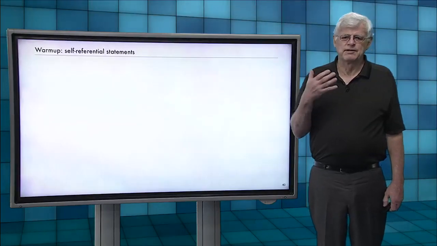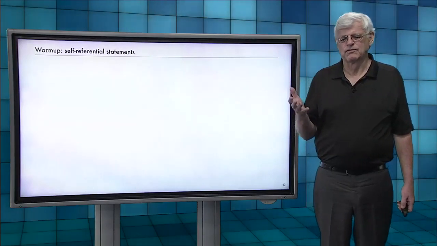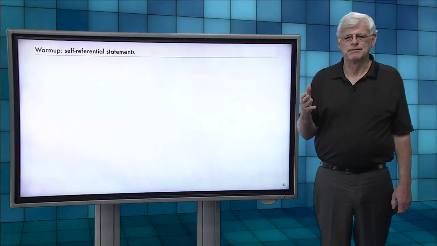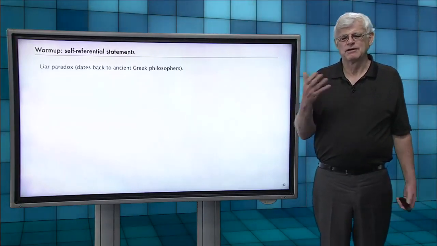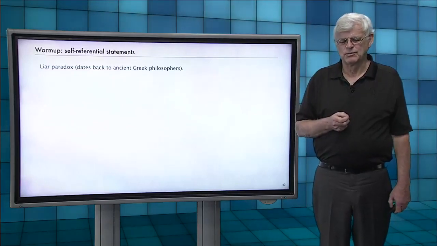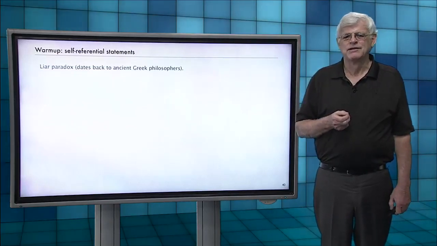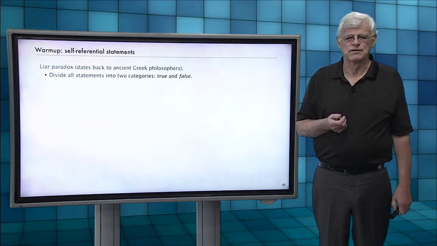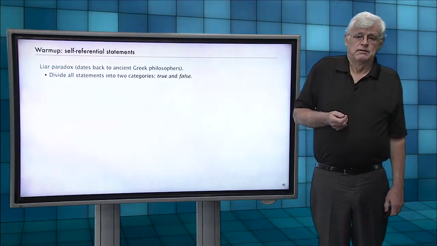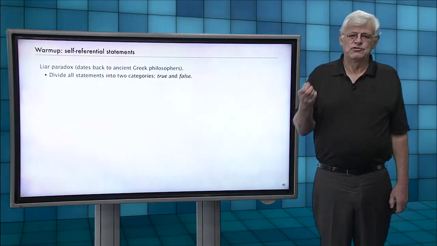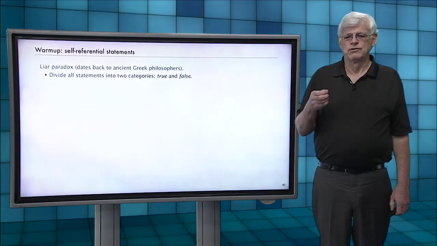So as a warm-up to think about the proof of the undecidability of the halting problem, we're going to talk about a logical puzzle called the liar paradox. It goes back to ancient Greek philosophers. So what you're supposed to do is divide all statements into two categories, true and false.